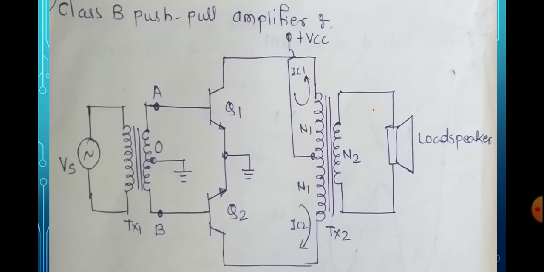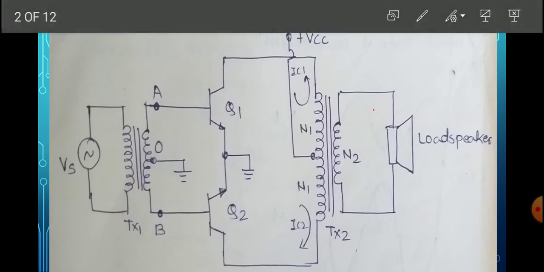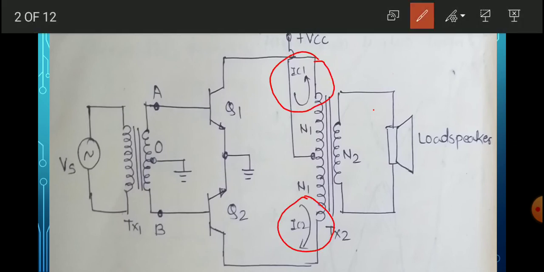Collector current IC2 flows through the lower half of the primary winding of the output transformer. IC1 is equal to 0 since transistor Q1 does not conduct. So now only the negative half cycle is obtained.